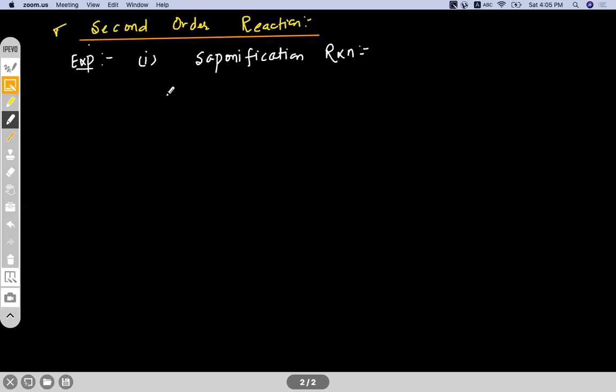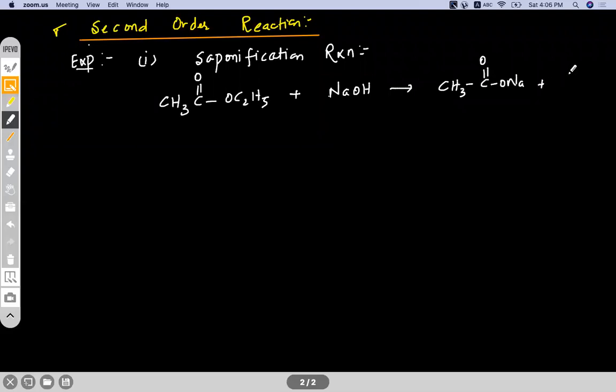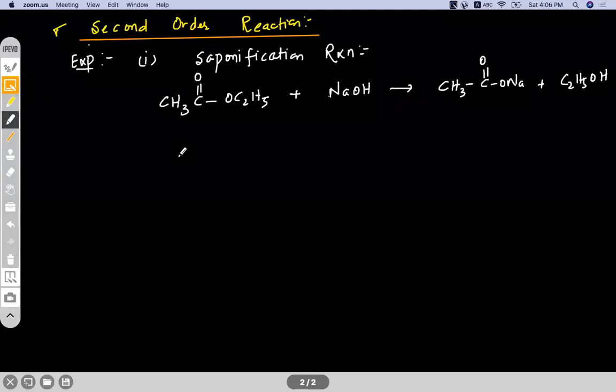For example, if I write down a reaction CH3 C double bond O OC2H5, ester reacts with a base OH, it converts into CH3 C double bond O ONa and C2H5OH. This reaction is a second order reaction.